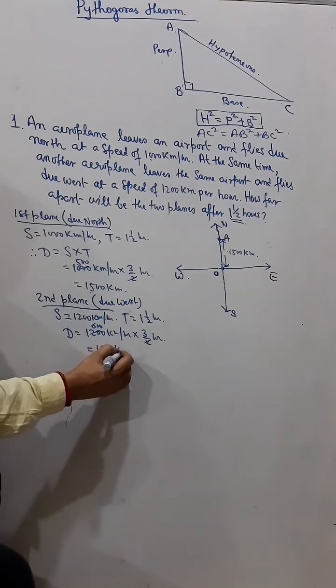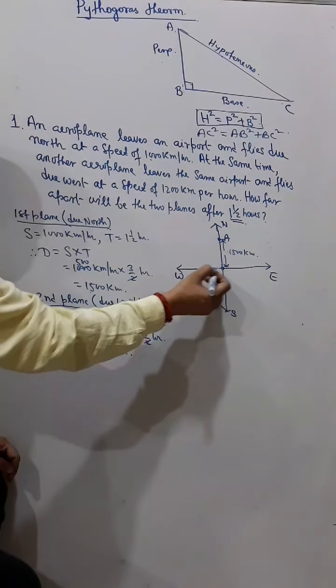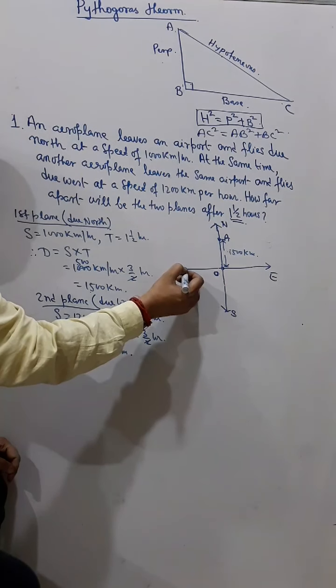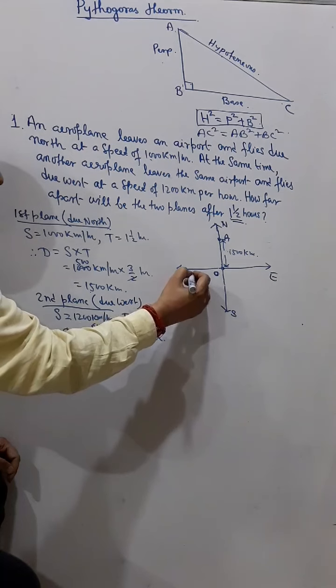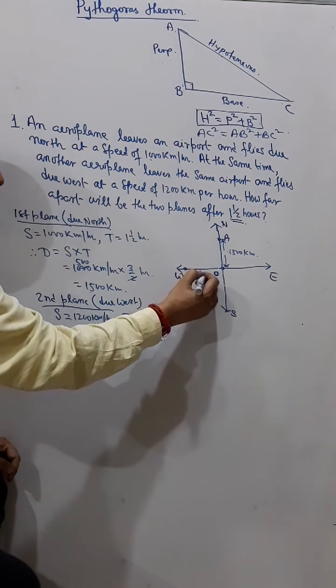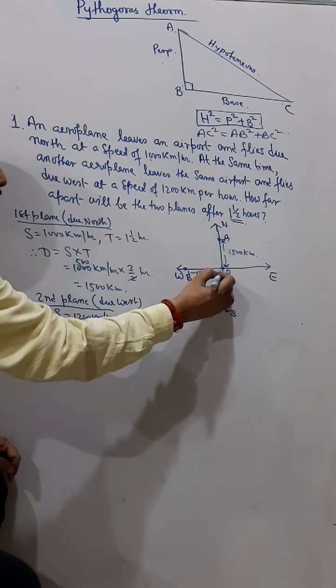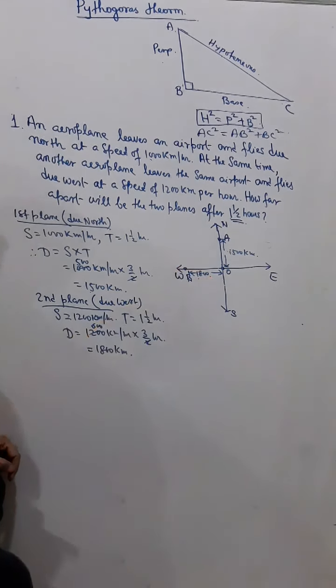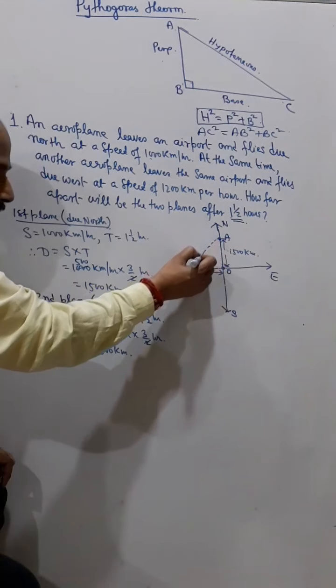So we get 1800 kilometers. That means the second plane traveling due west is reaching here, and this distance is 1800 kilometers. Now we have to find how far apart these two planes are, so in fact we have to find this distance.